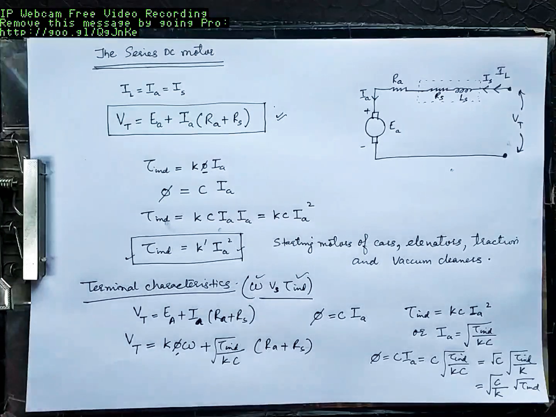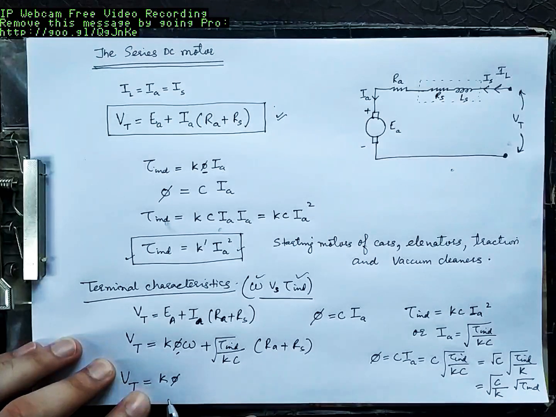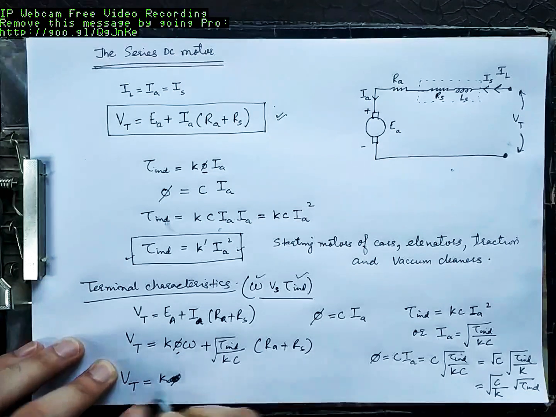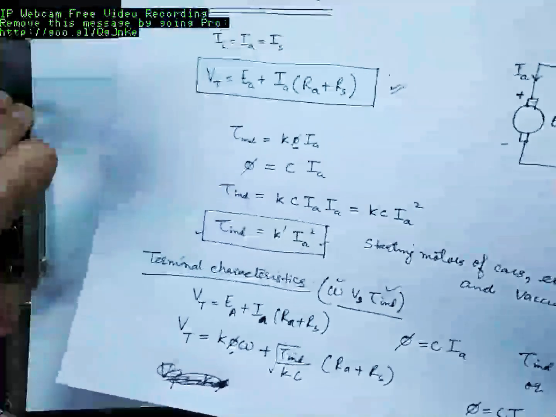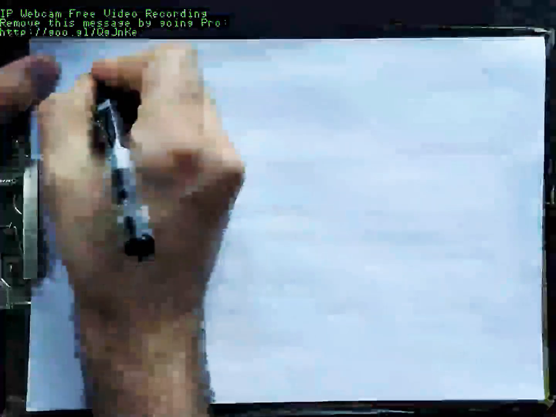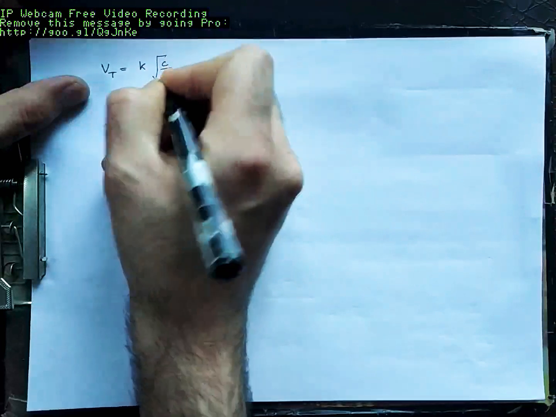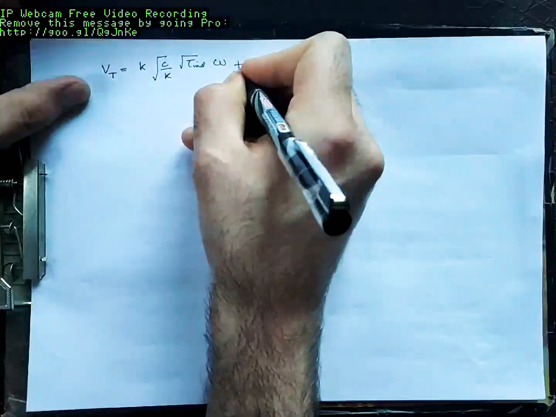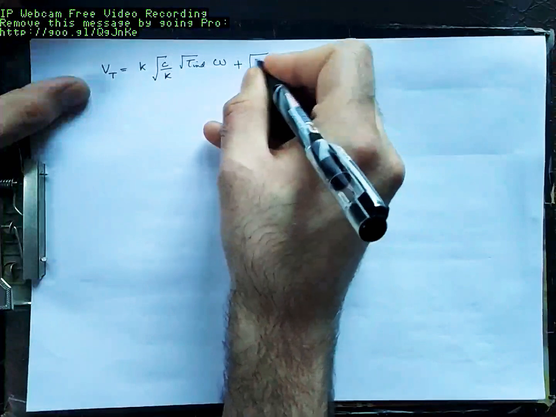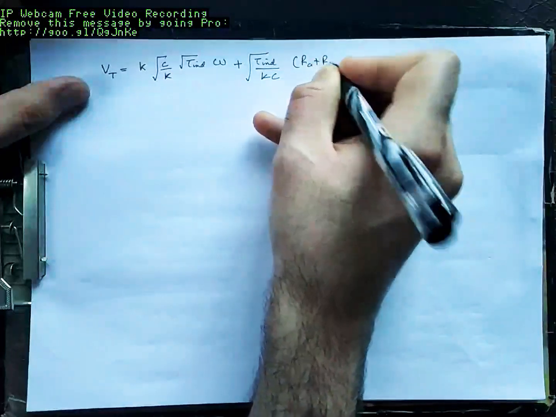I will substitute this here, so I will get Vt is equivalent to K times under root of C by K, under root of tau induced, omega, plus under root of tau induced divided by under root of Kc into (Ra plus Rs).